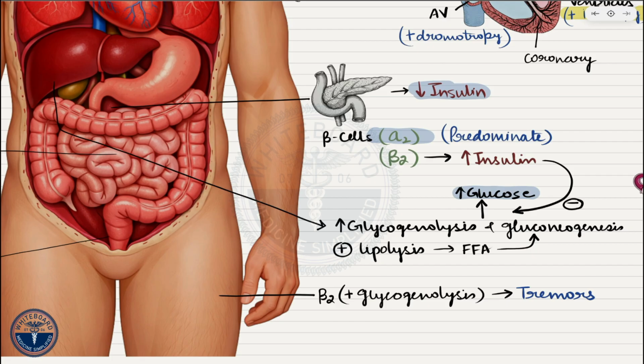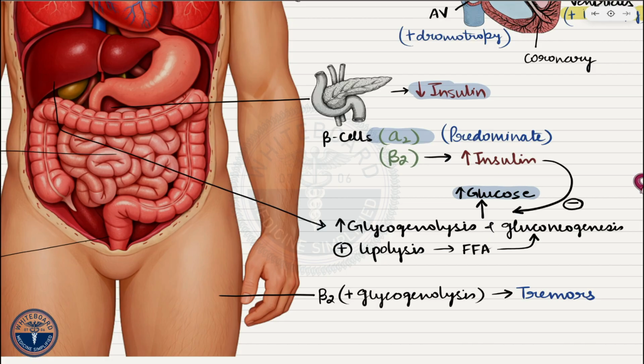This would directly oppose the actions of epinephrine, which is trying to increase blood glucose through glycogenolysis and gluconeogenesis. In addition, insulin would promote glucose uptake by tissues such as adipose tissue and resting skeletal muscle, reducing the amount of glucose available in the circulation for working muscles.